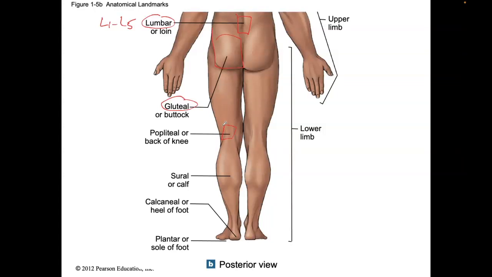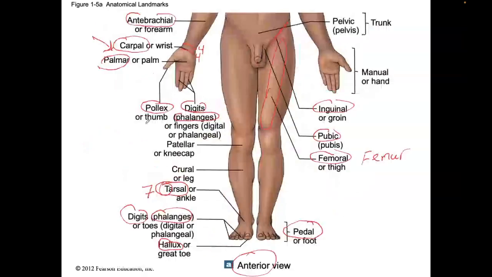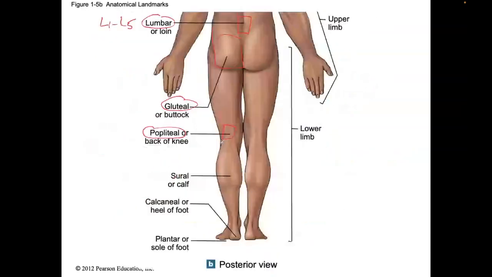The back of the knee is called popliteal, not to be confused with the front of the knee that's called a patella. Patella is your kneecap. The kneecap is the patella. But the back of the leg, where you don't have bone, it's just all soft, that's the popliteal.